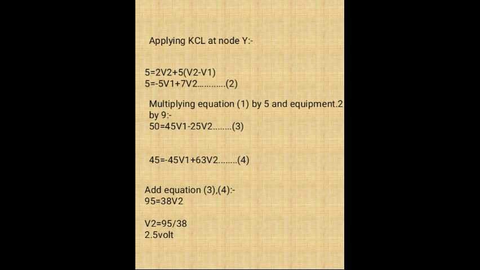From equation 2, multiplying by 9, the new equation is 45 = −45V1 + 63V2, equation number 4.